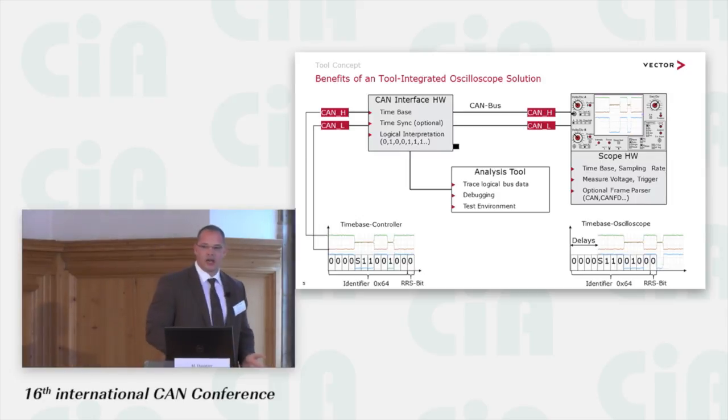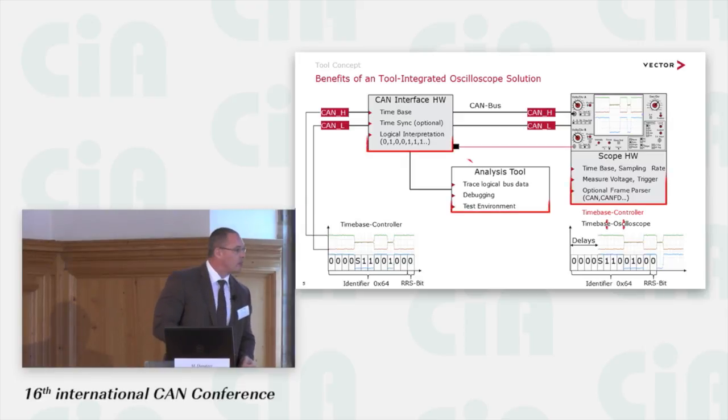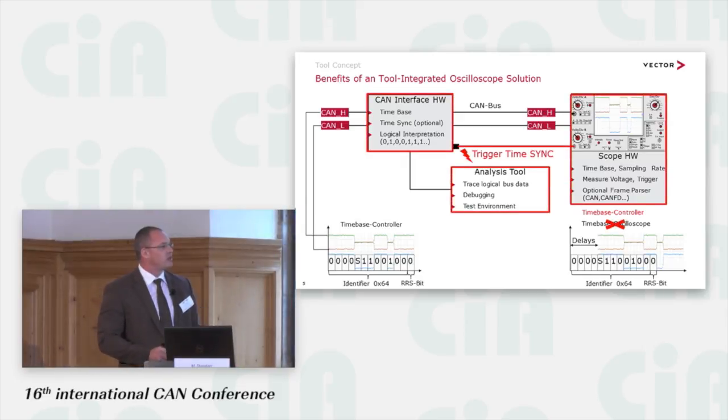And we need a dedicated trigger timestamp to reflect all further analysis on. With this knowledge, we can eliminate all delays, and the protocol data optimally fits to the scope's measurement data.